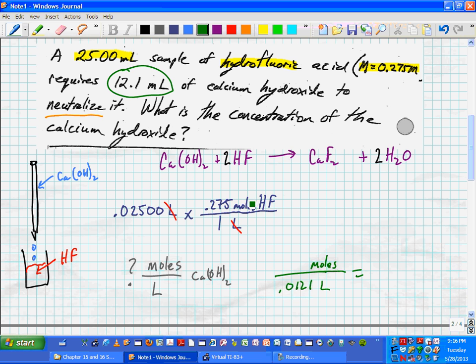I'm going from liters to moles of hydrofluoric acid. Well, now from moles of hydrofluoric acid, I'm going to go to moles of calcium hydroxide. Well, where am I going to get info on that? I'm going back to the balanced equation, and I'm looking at this and this to get my molar ratio.